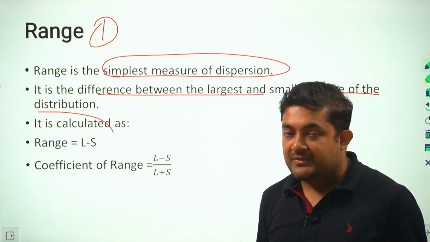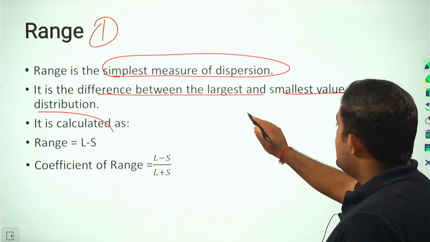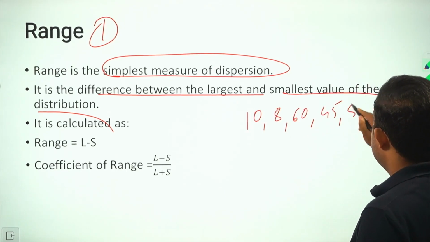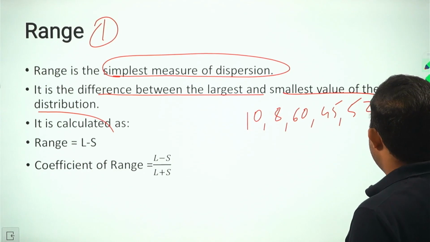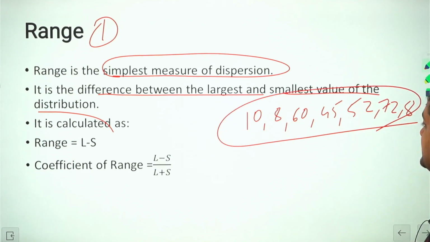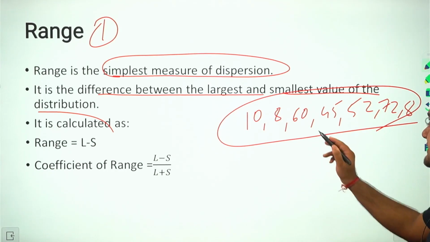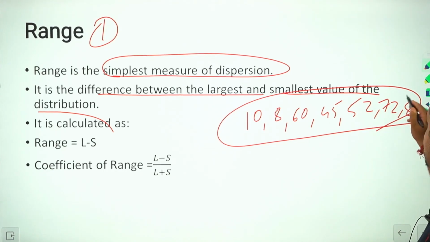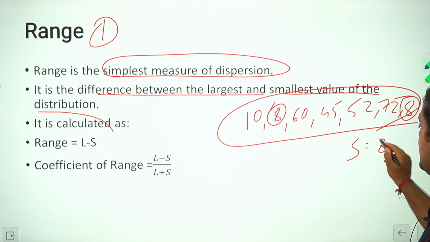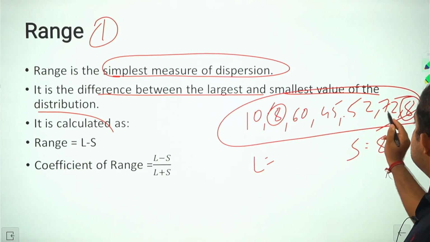কি আমি range কৰো কেনেকুৱা for example চাবা 10, 8, 60, 45, 52, 72, 8. So basically ইয়াৰে range কোনটো হ'ব? ইয়াৰে smallest observation কোনটো হয়, 8 হয়, right, this is our smallest আৰু largest টো কি হয়, 72.